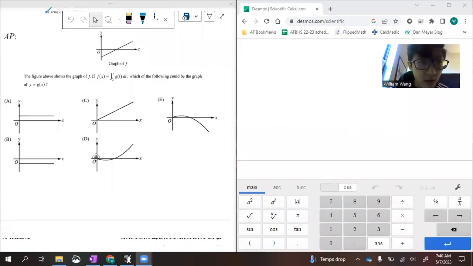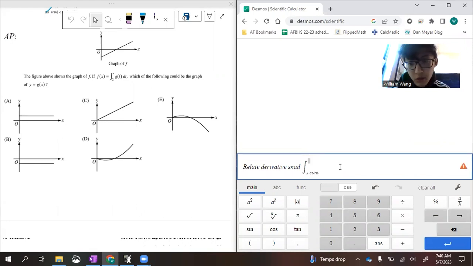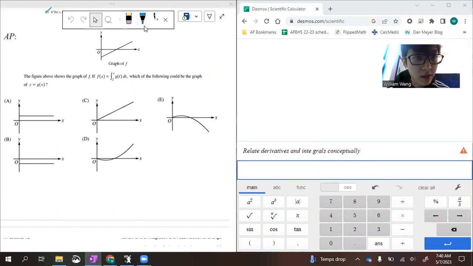Hello, hello. We're now going to move on to the next problem, which also asks us to relate derivatives and integrals conceptually. All right, so what information do they give us here? They give us that this is the graph of f, right?